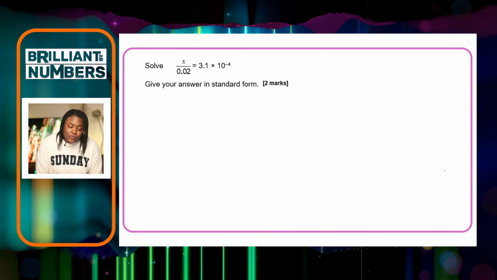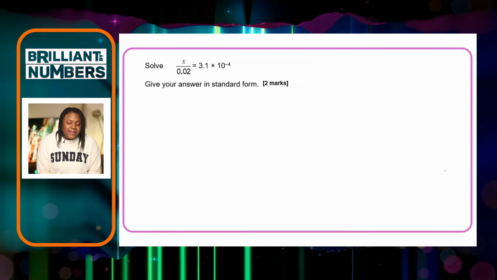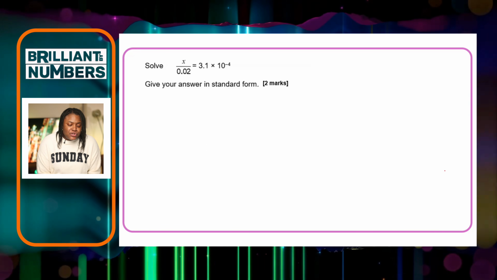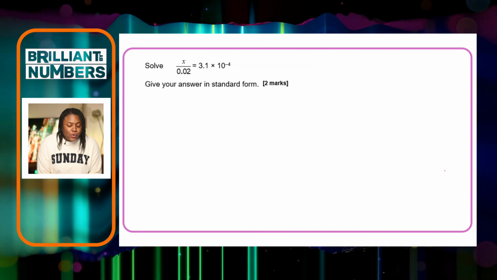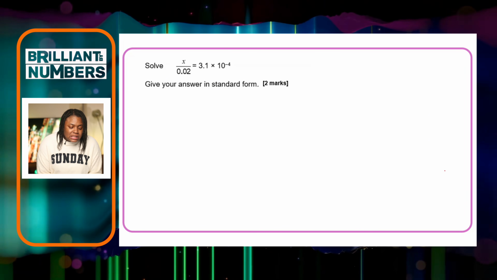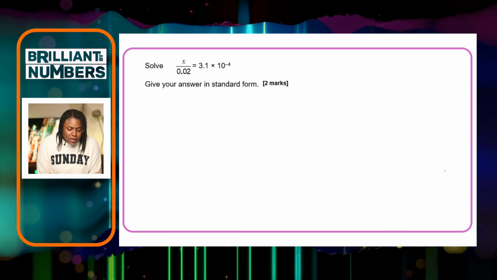Beautiful. Starting off, we are asked to solve x divided by 0.02 is equal to 3.1 times 10 to the power of minus 4. We need to give our answer in standard form for 2 marks.